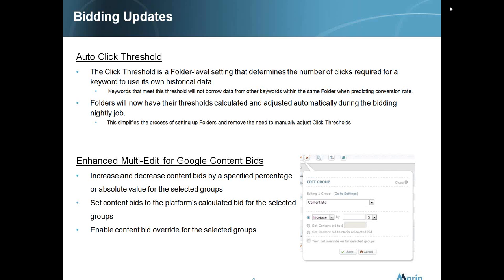Your click threshold will update during the nightly bidding job that runs. So this is one of those updates that we've made in order to make our bidding setup process more streamlined, and those thresholds will be up to date day over day as it's something that's adjusted automatically during the nightly bidding job.